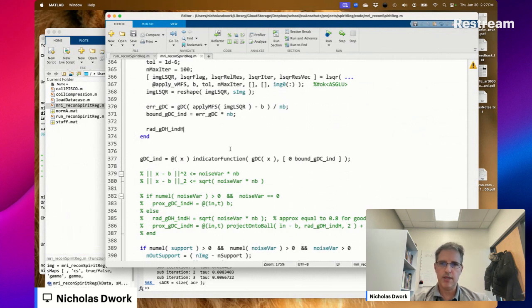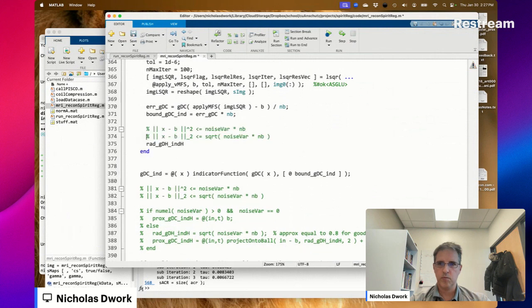Then what's the radius? Right? So this is the radius.